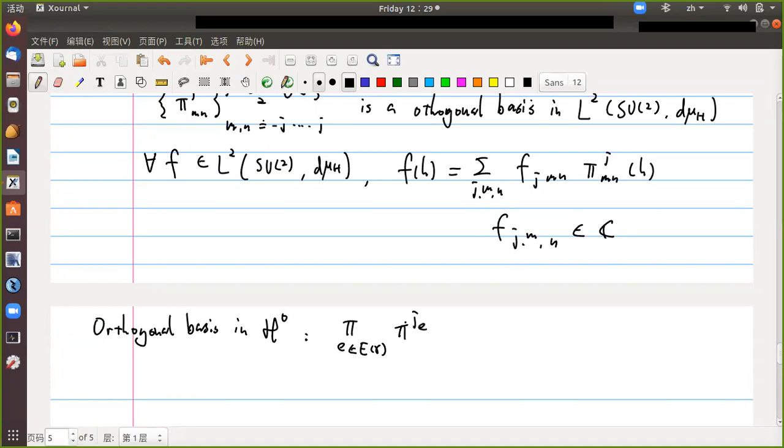Because different edges have different degrees of freedom, you have to label all the indices in terms of the edge e. You just simply make a product over all the edges, and these bases, in Thomas Thiemann's book, are called T.